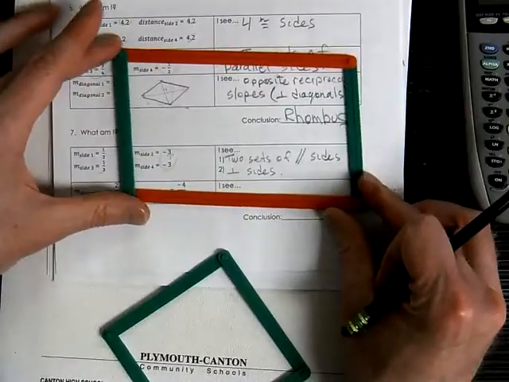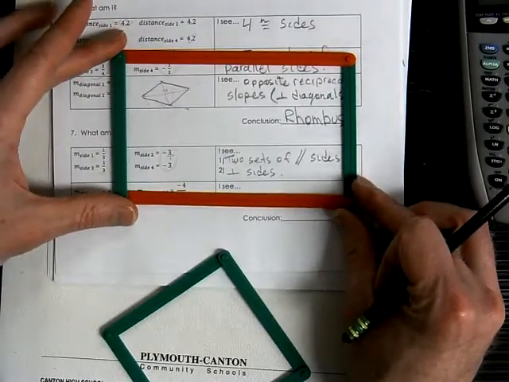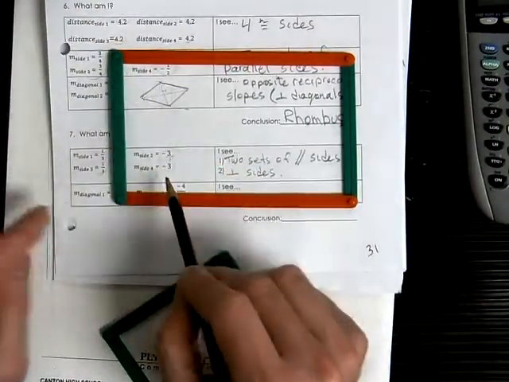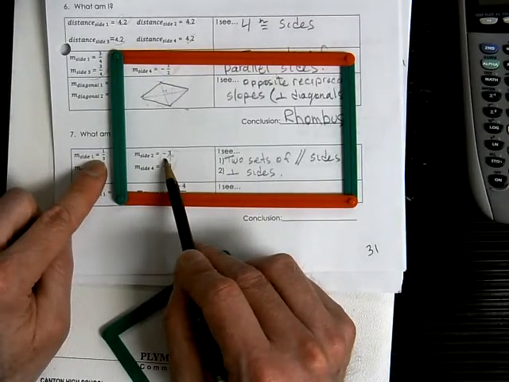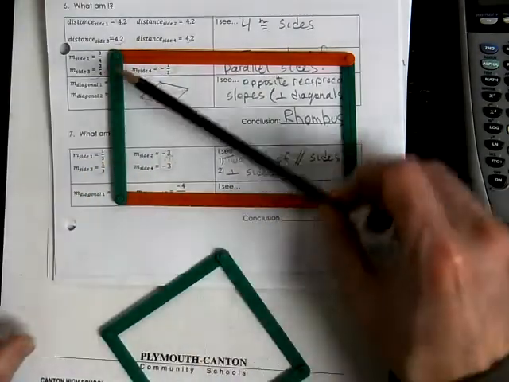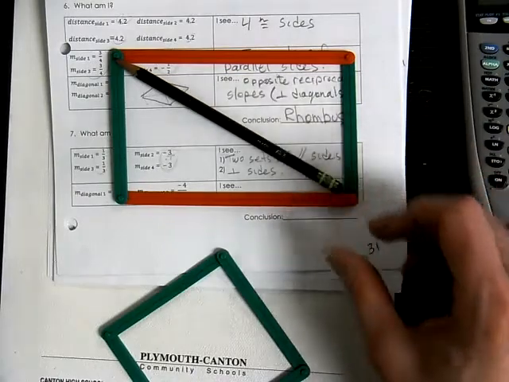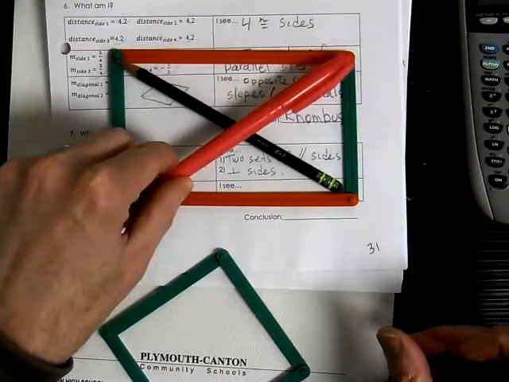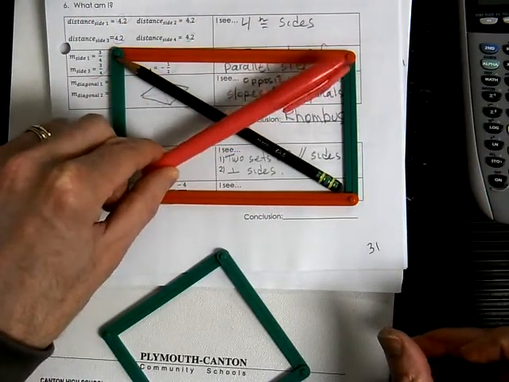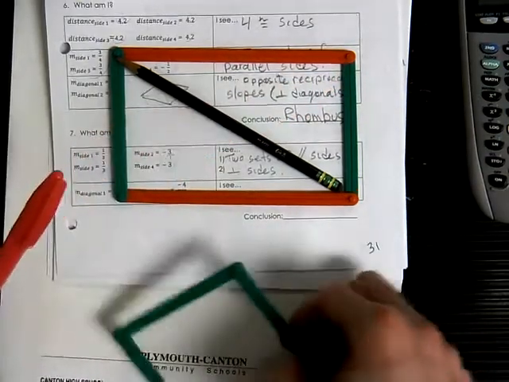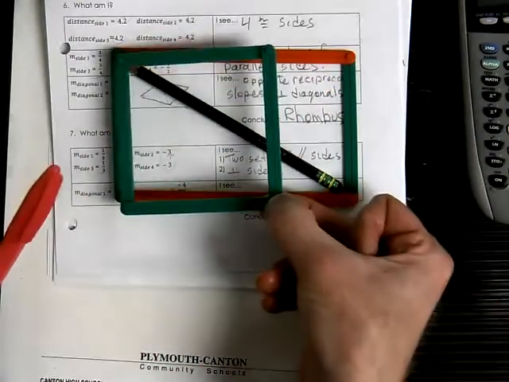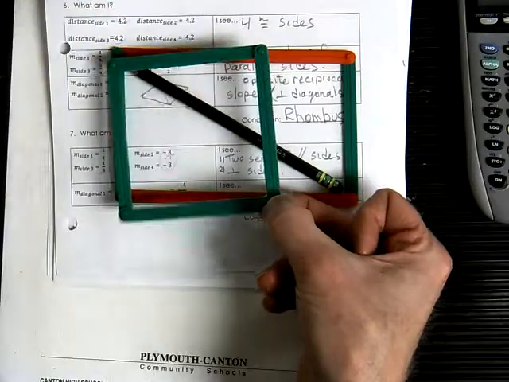If we had a rectangle, the sides are perpendicular. But notice that the diagonals would not be perpendicular. They do not form a right angle. Only equal sides makes that happen.